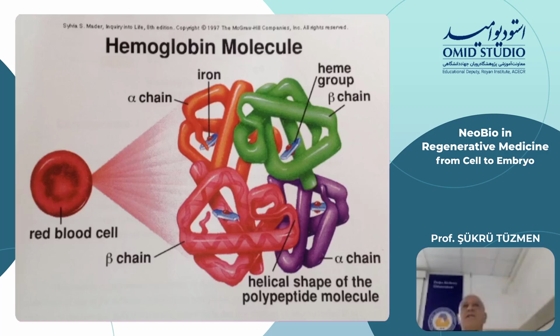For that reason, these patients are constantly under treatment, most of the time subcutaneously injected with this desferrioxamine chelating agent so that it can bind the iron. These are called iron chelators, and then the iron can be excreted in the urine.